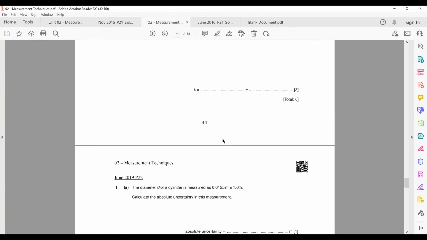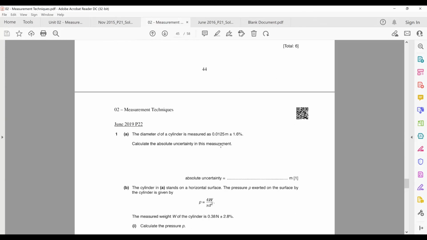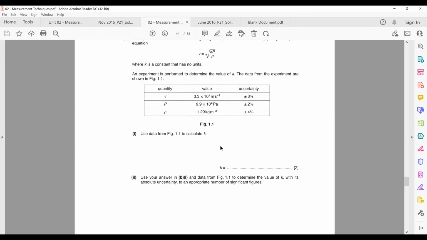Right, I'll just skip a little. There were supposed to be pages 22 and 30, but those seem to be quite easy to do.